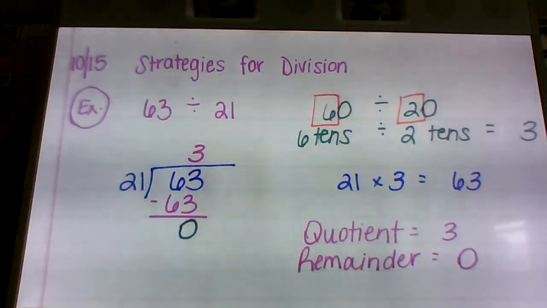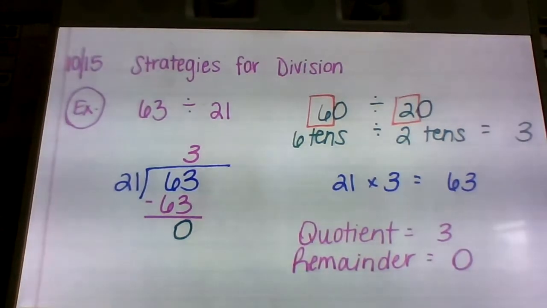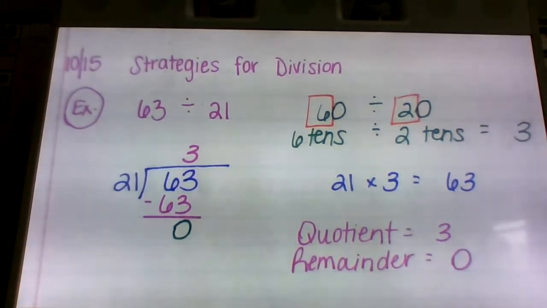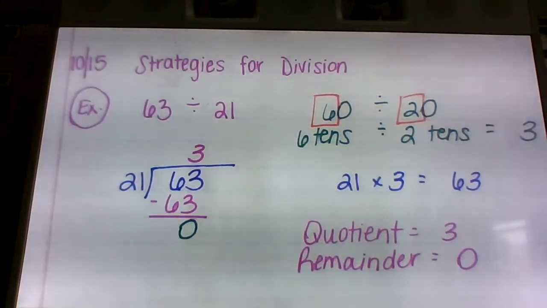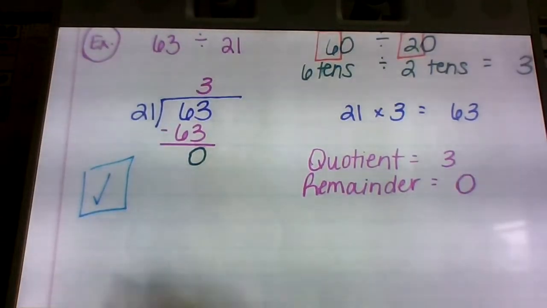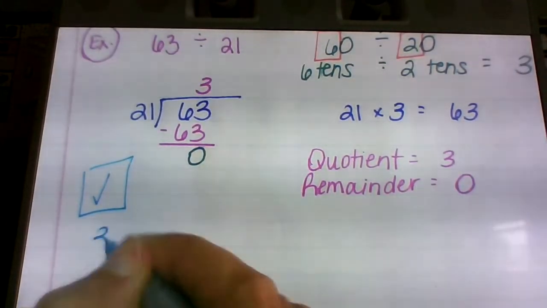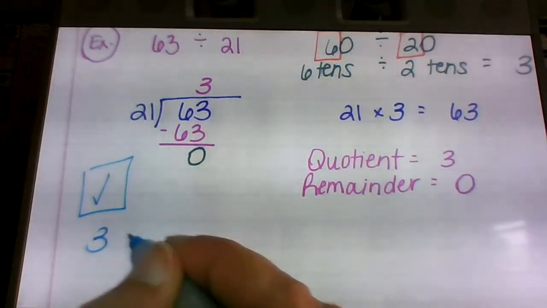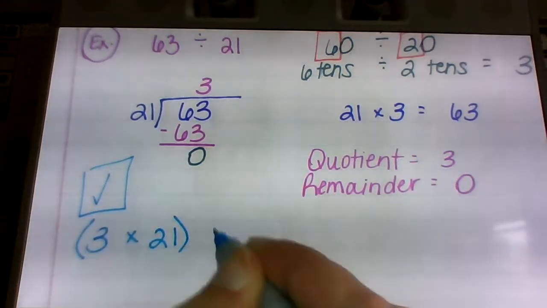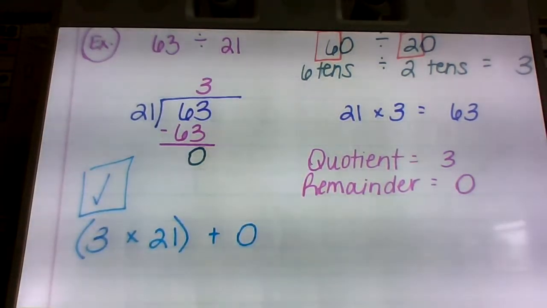You can always check your division with the inverse operation. That means the opposite operation. The opposite of division is multiplication. Parents, this process might sound familiar to you as well, where we're checking our work. How we check our work is we take the quotient, multiply the divisor first, and then you add the remainder.